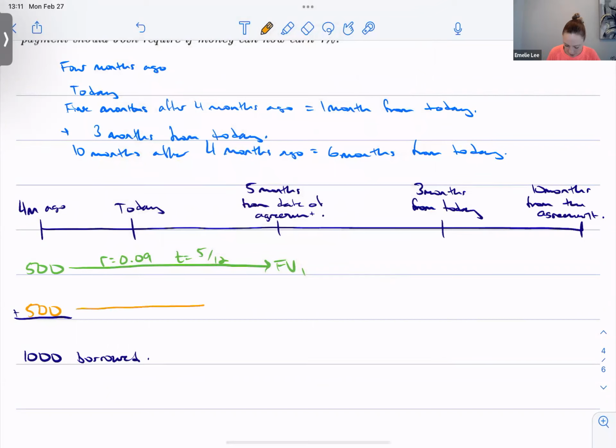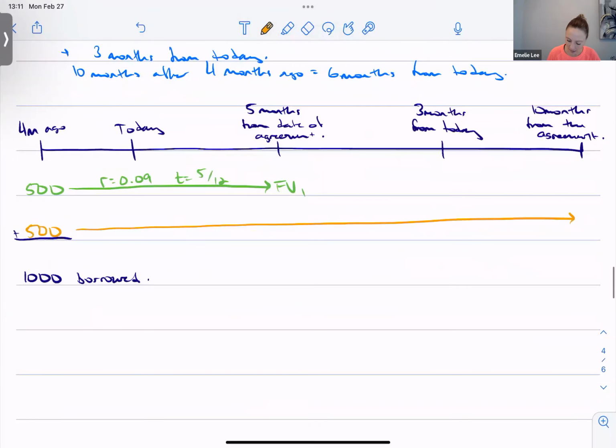This $500, she's going to take a little bit longer to repay, or 5 months longer, to be specific. Which means that she's going to have to pay back a little bit more, because she's borrowing it for longer, and that's what it costs.